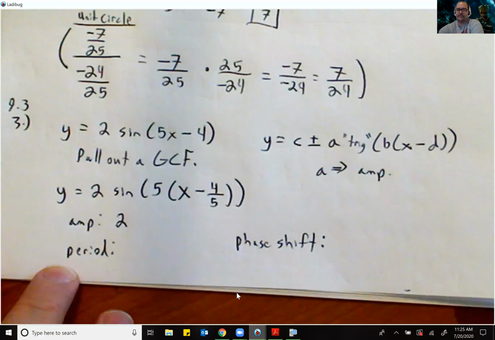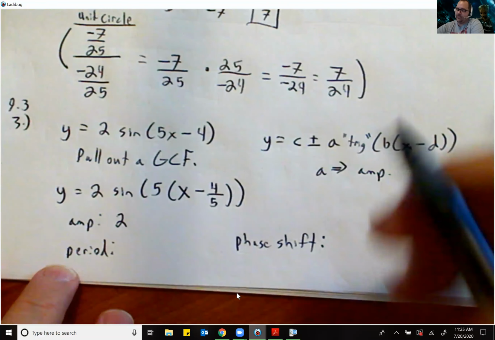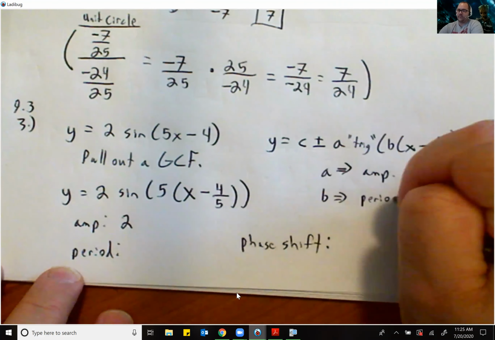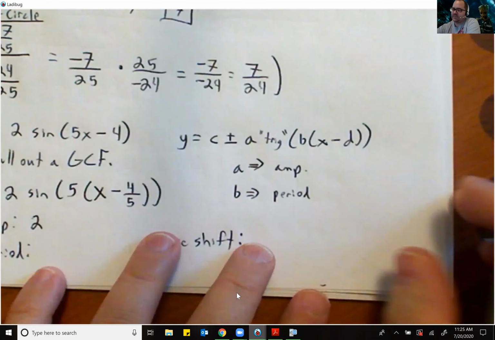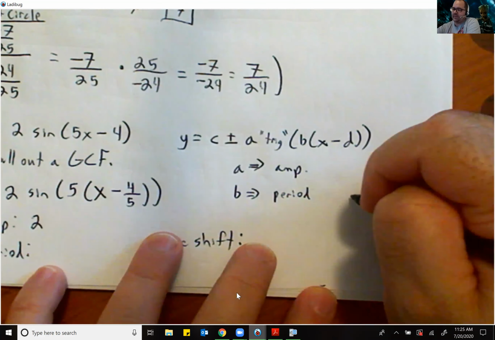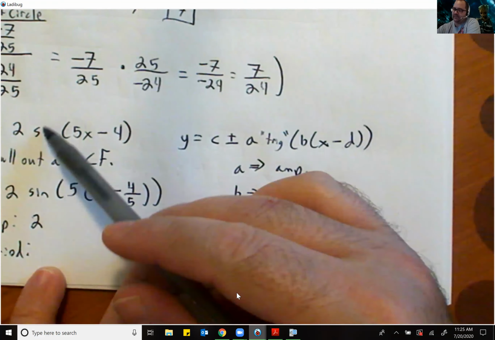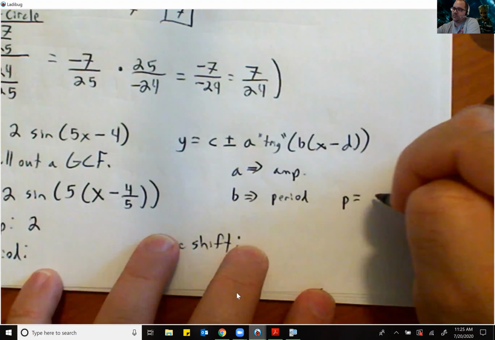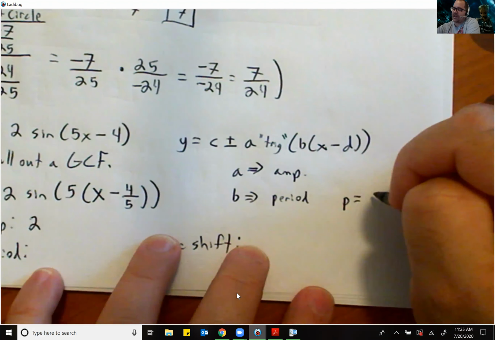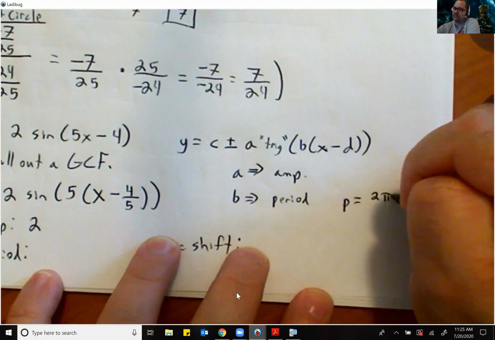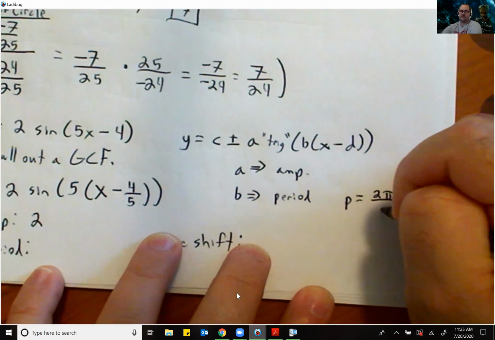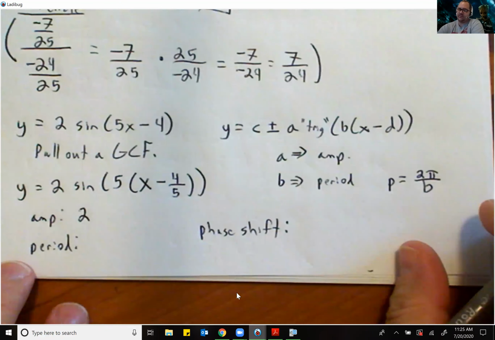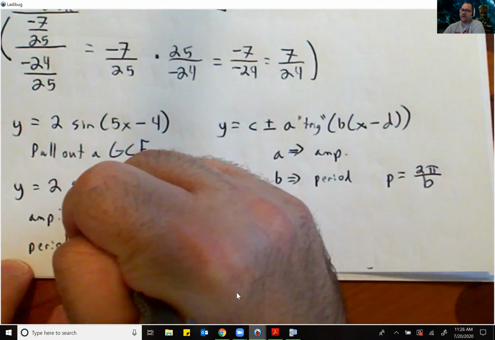Okay. B is all about the period. Okay. How do we find that? In order to find the period, because we're dealing with sine and cosine, the period is going to be equal to, if I remember correctly, 2 pi divided by B. So all we need to do is take 2 pi divided by what's our B value.